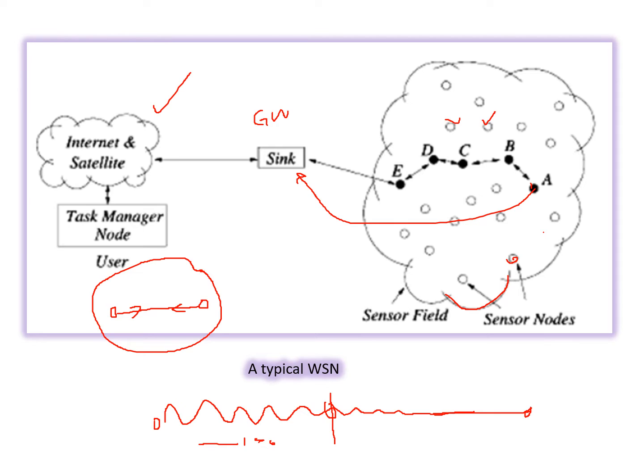And now you can see from A to E there are many paths. One of the paths is this one. Another path could be this. And still another path could be this one.